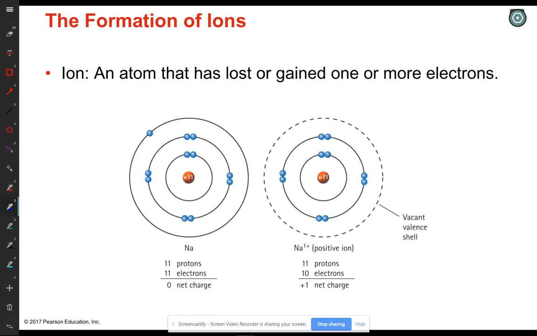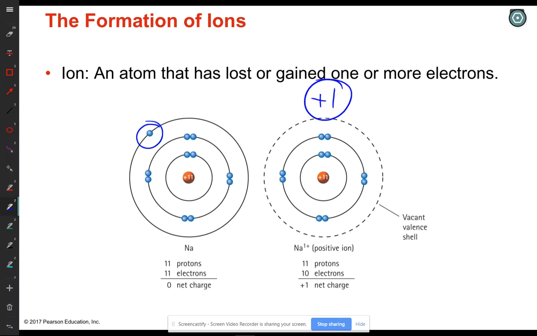So ions are formed when you have electrons taken away or added to an atom. So we have here a picture of sodium with its 11th electron, and then a sodium ion where that 11th electron is missing. But this here has a net +1 charge now.